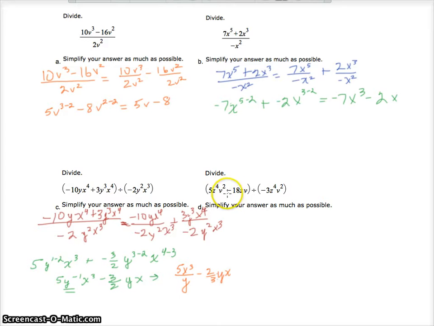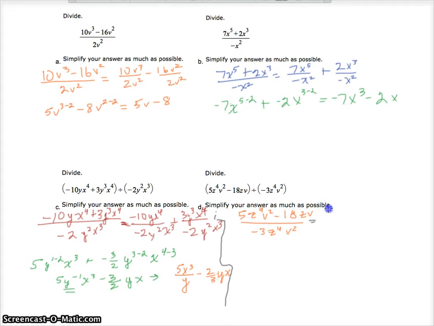Let's look at another one real quick. I have 5v to the 4th v squared, excuse me, z to the 4th v squared minus 18zv divided by negative 3z to the 4th v squared. Let's split this so that we don't get it confused. I want to write these separately.